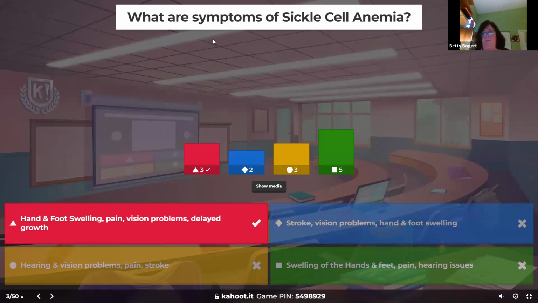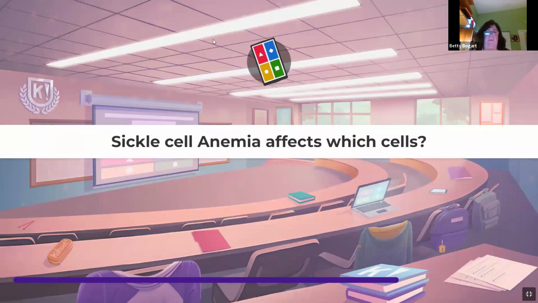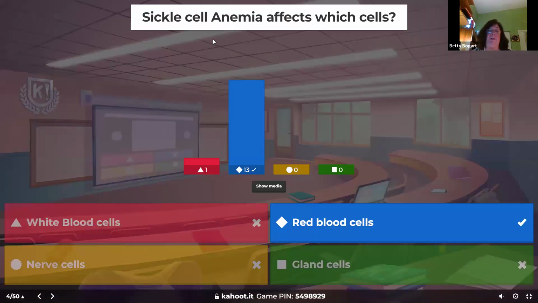So remember, if it's vision problems, anything in the head, always worry about neuro. Something's going on in the head. So sickle cell anemia affects which cells in the body? White blood cells, red blood cells, nerve cells, gland cells, which cells? It is red blood cells. Remember, it affects that cell that carries oxygen and iron around, which is red blood cells.